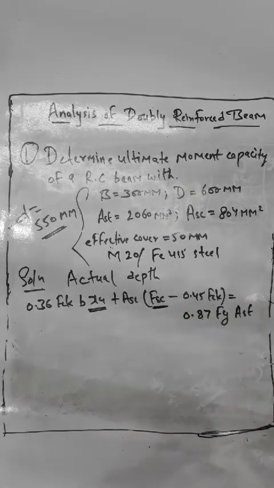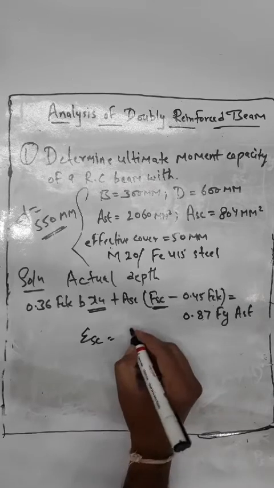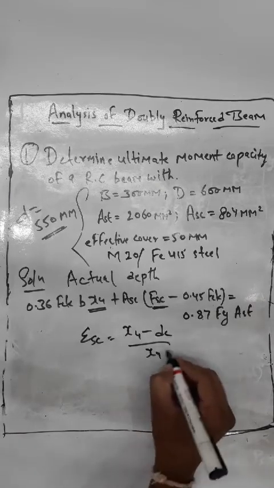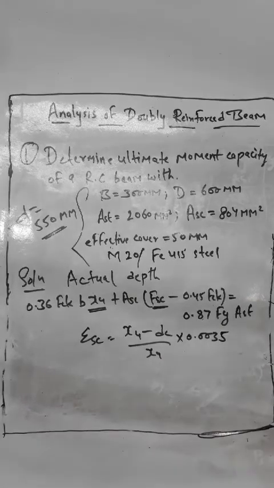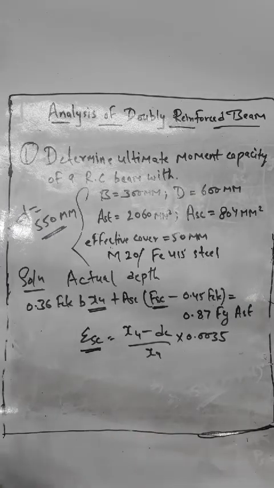So what we have to do is use a formula for finding the strain on the compression side, that is epsilon sc. Epsilon sc is equal to (xu minus dc) upon xu into 0.0035. This formula we use for finding epsilon sc. With the help of this epsilon sc, according to the table we studied in our previous lecture, we find the fsc.